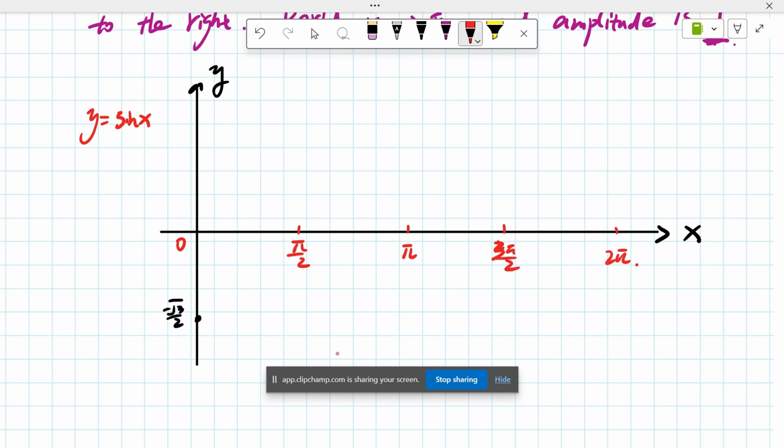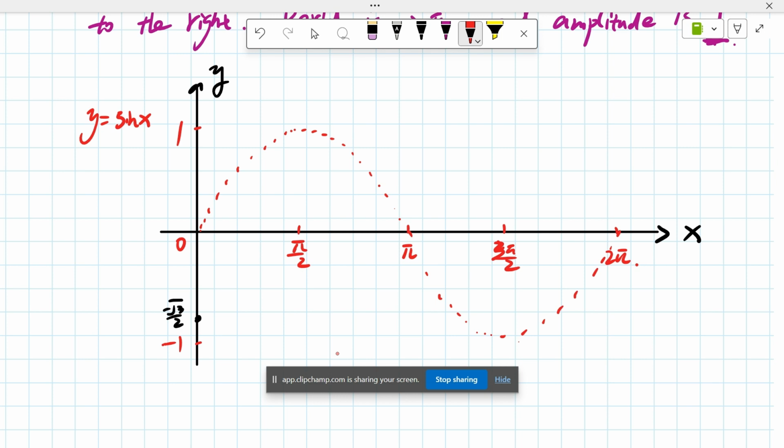Okay, so your graph will look like that, going up, and going down, and going to negative 1, and going to 2 pi. So that's the original sine x.